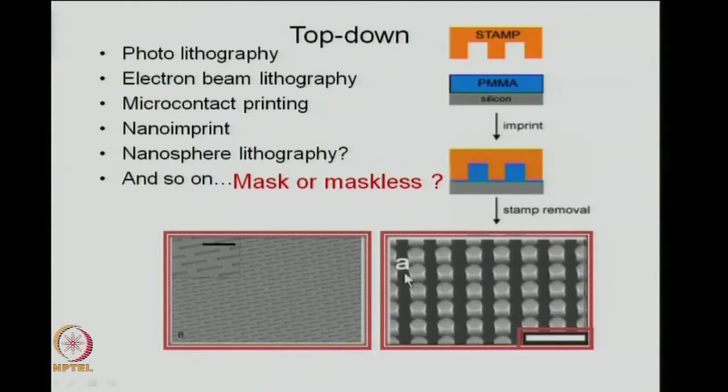The mask can be kept here, and so you remove only the places where the mask is not there, or it can be the other way around. Sometimes it is called positive etching or negative etching, etc. But this is the basis of the top down approach, where you have a large object and you create small objects by removing parts of the body from that large object.